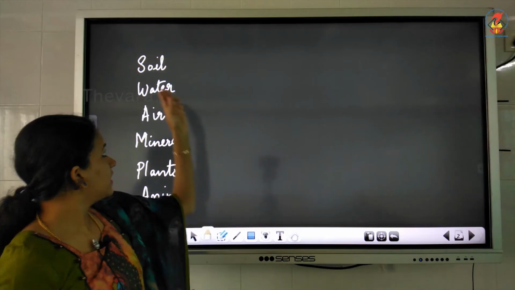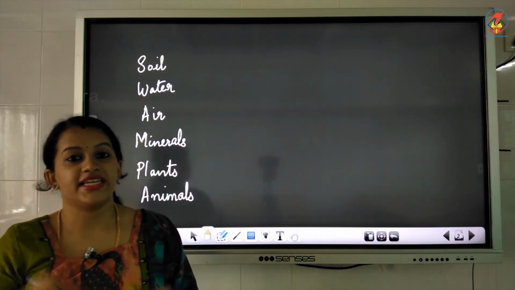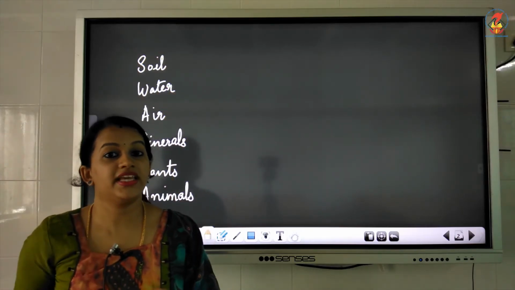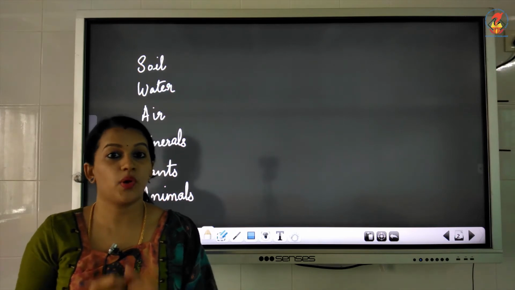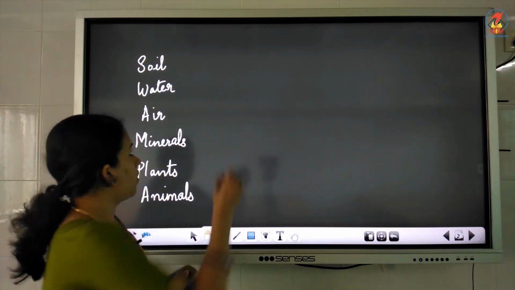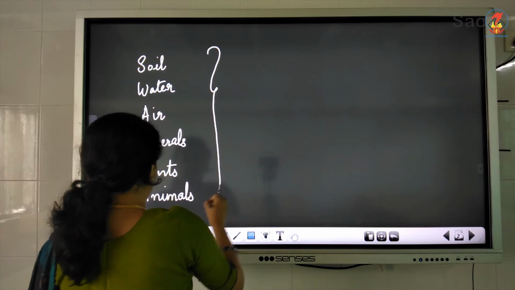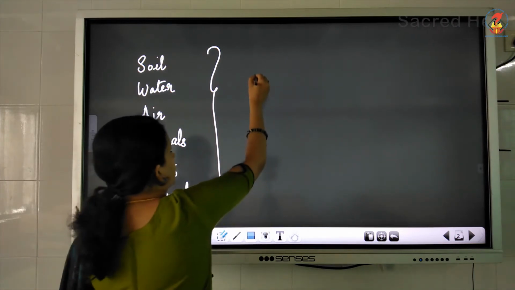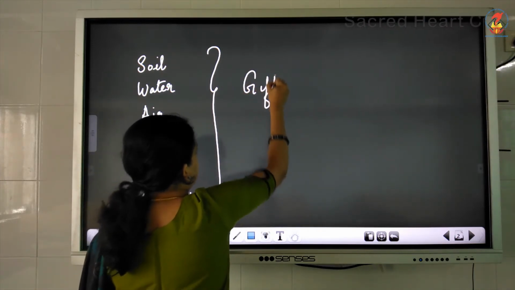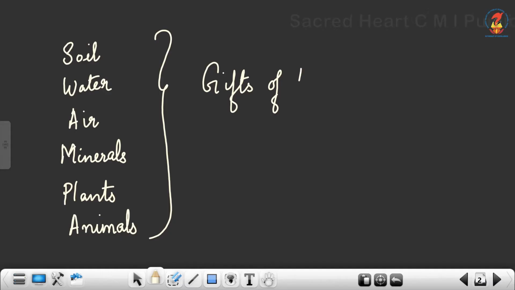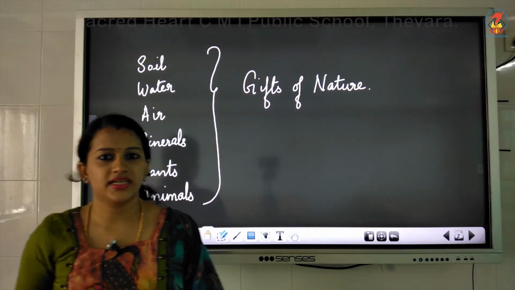All these things that you see in nature, or whatever things that nature has provided us, are called gifts of nature. What are these things called? They are called the gifts of nature. Why are they called gifts?